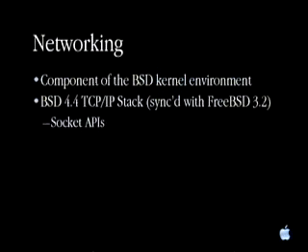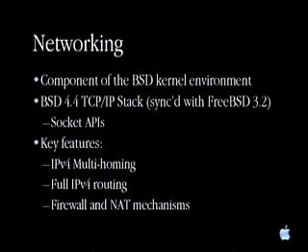We're based on the 4.4 TCP/IP stack, which we've actually synced up with FreeBSD 3.2. And this is a sockets API-based environment. It comes with quite a lot of powerful capabilities built into the networking stack. Certainly support for things like multi-homing and routing and firewall and network address translation, or NAT, mechanisms. These are all pretty basic services that exist in our networking stack.